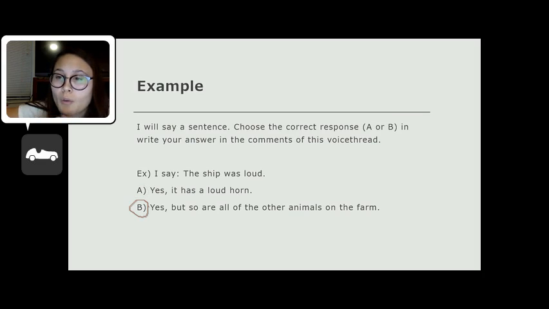So, which response would make sense? If I said the ship was loud, which response out of these two would be correct or would make sense?